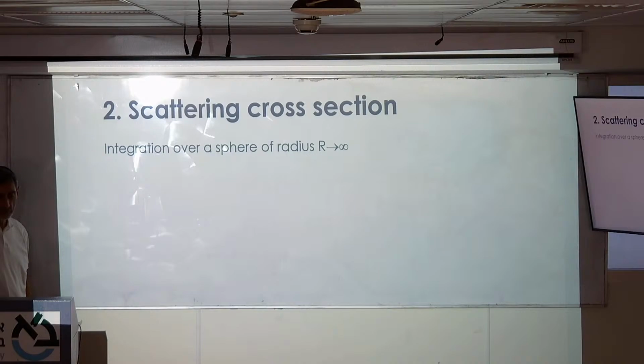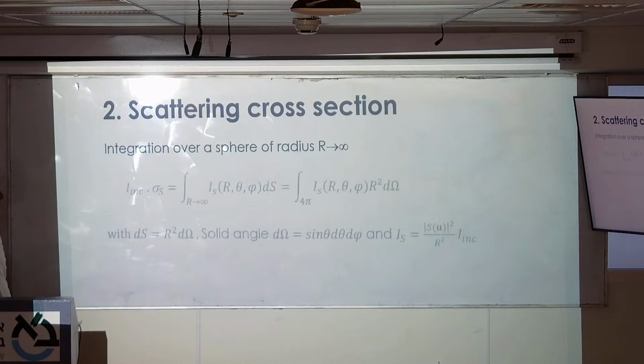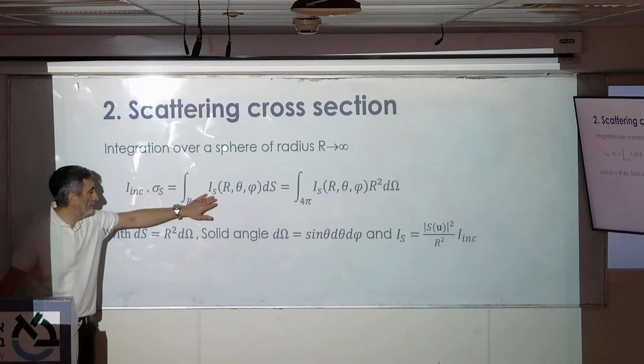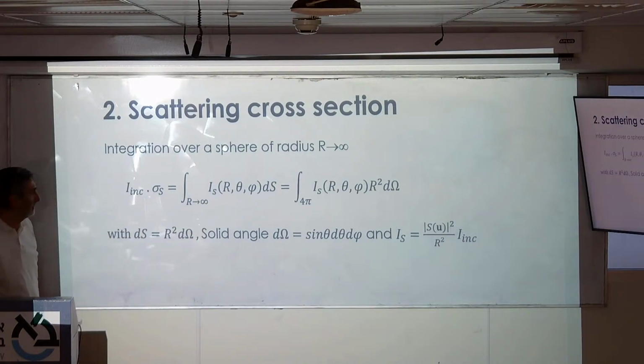So how do we calculate that, based on what we learned before? Always take a system in the far field, r goes to infinity. You just integrate over a sphere of radius r the scattered intensity, Is.